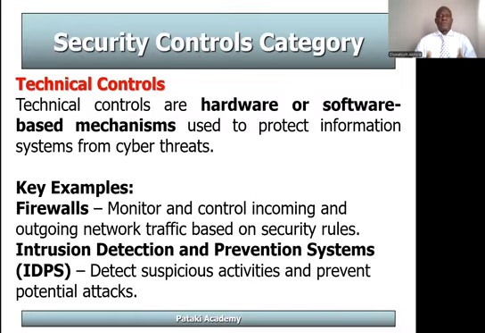Key example, the firewall. It monitors and controls incoming and outgoing network traffic based on security rules. IDS, intrusion detection and prevention system. This detects suspicious activities and prevents potential attacks.